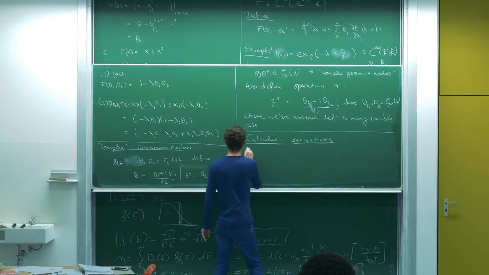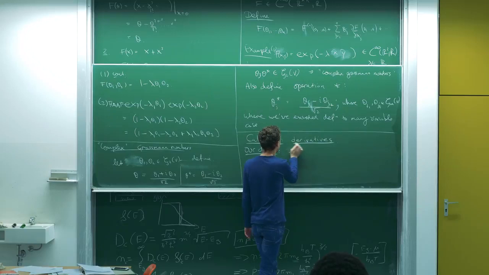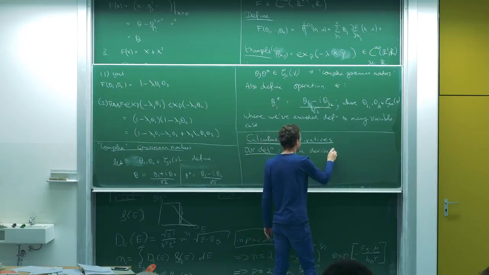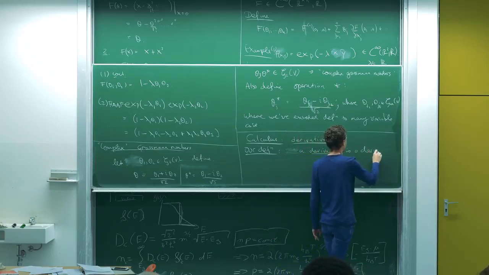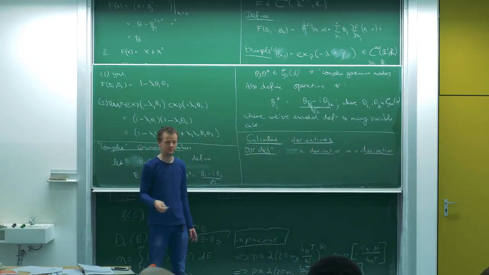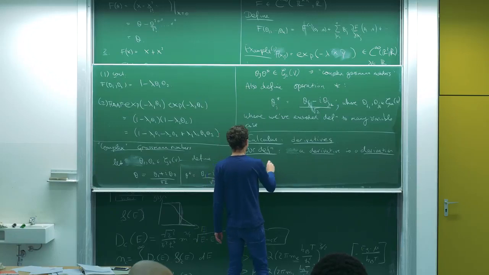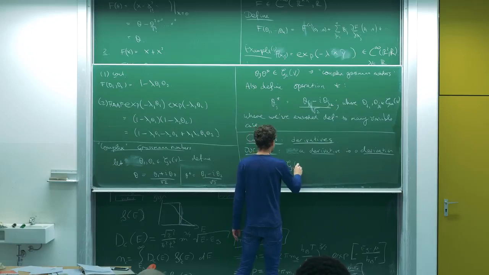Now, our definition is that the derivative is a derivation, which is a kind of linear map from the Grassmann numbers to itself.